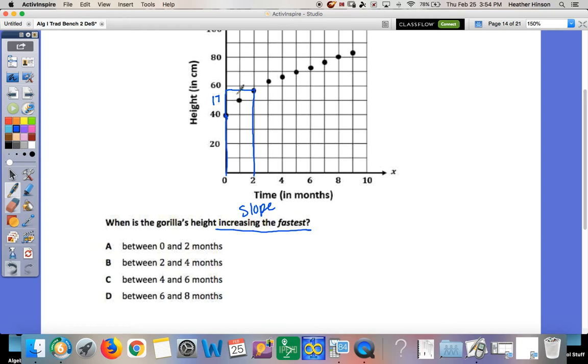So I would say that's about 17, and that's 2 months. So about 17 centimeters in 2 months. That's going to be 8.5. And then between 2 months and 4 months, it's going from about that 57 to maybe 67. So about 10. And we're still looking at 2 months. So 10 over 2 is 5.